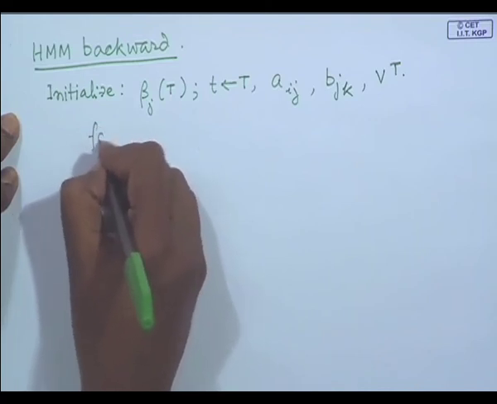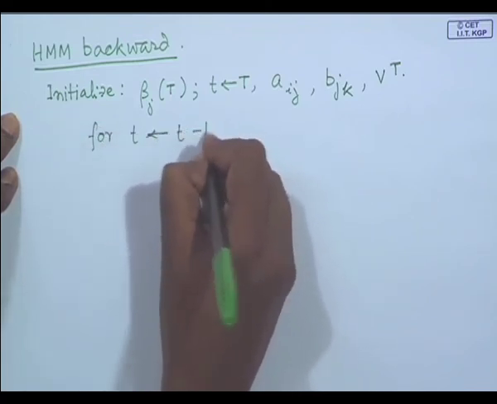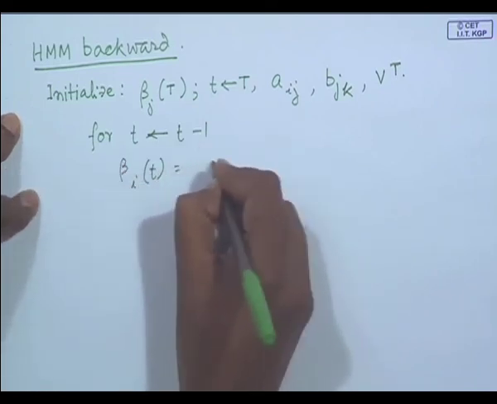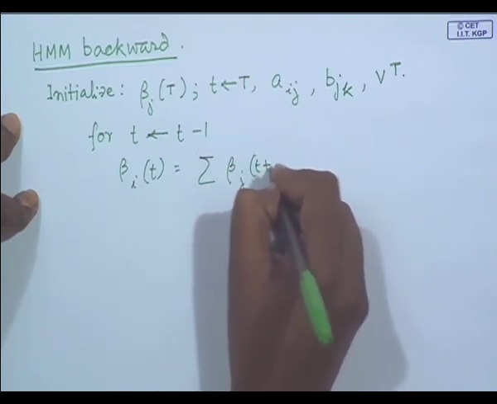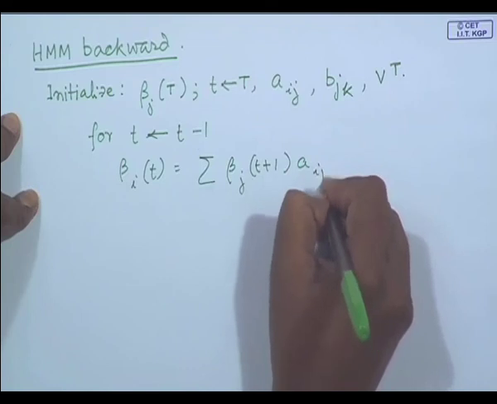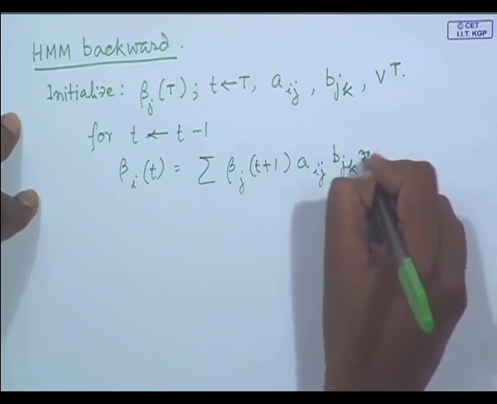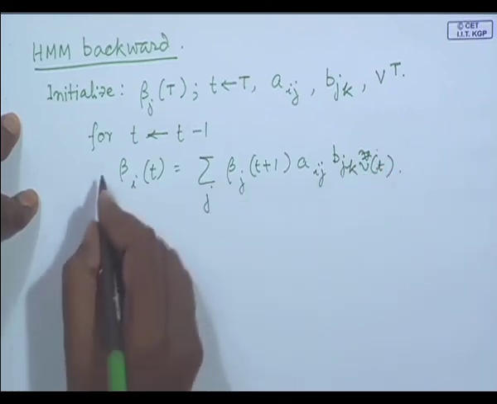Then we have to have a for loop, where beta it will be simply that expression, beta j t plus 1 a ij b jk v t, taking the summation over j.